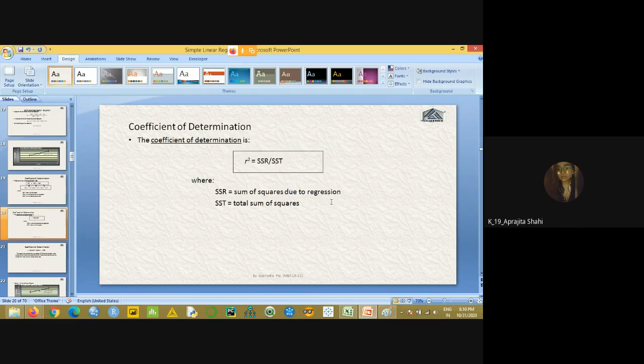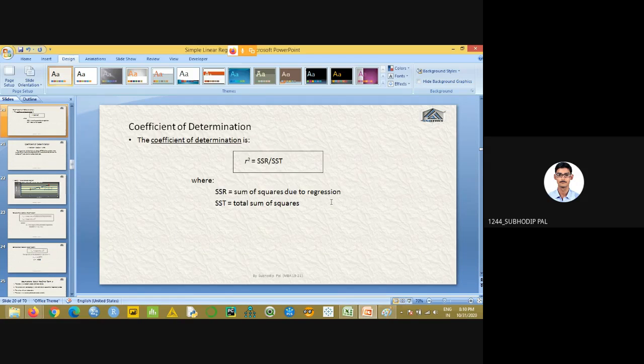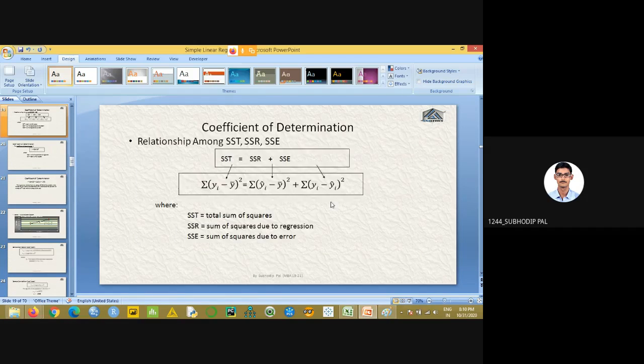This is how we calculate. This is a formula that we have. How do we calculate the SST, SSR, and SSE?